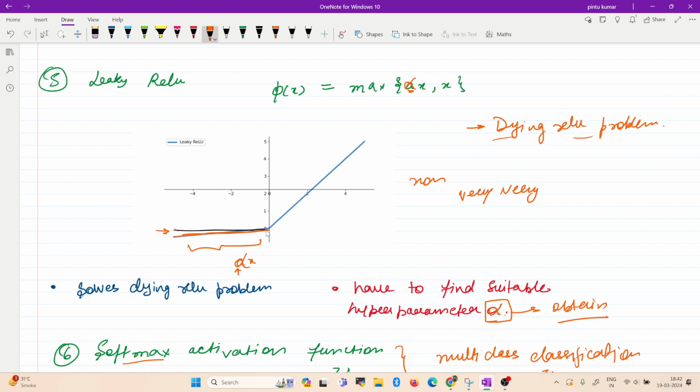Another is that you approximate it with some small exponential function. That is what is known as the exponential ReLU that you just mentioned. That's the only difference. Again, you will have similar advantages and similar disadvantages, and it would be slightly more computationally expensive as compared to leaky ReLU.